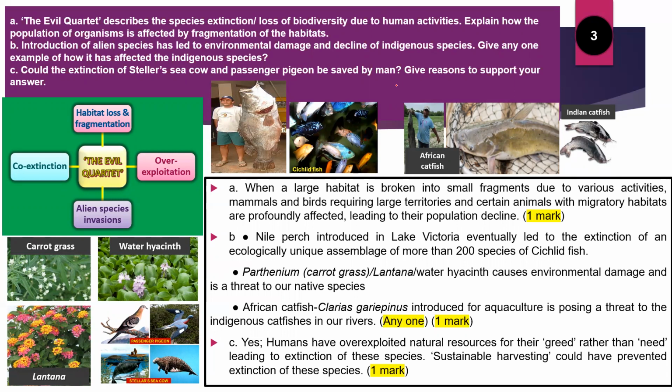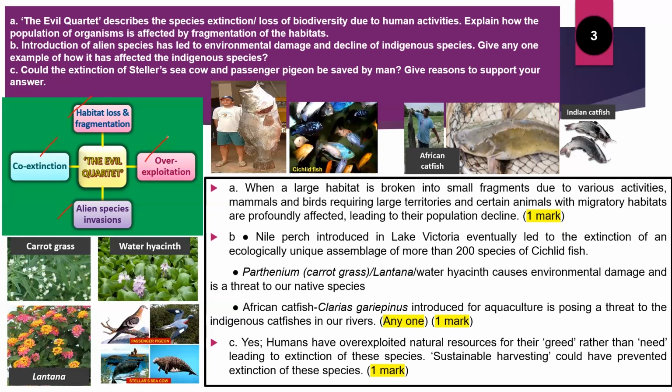Okay, so there's a concept of evil quartet. So it mentions habitat loss and fragmentation, co-extinction, alien species invasion, and overexploitation as the four major reasons why there's loss of biodiversity.